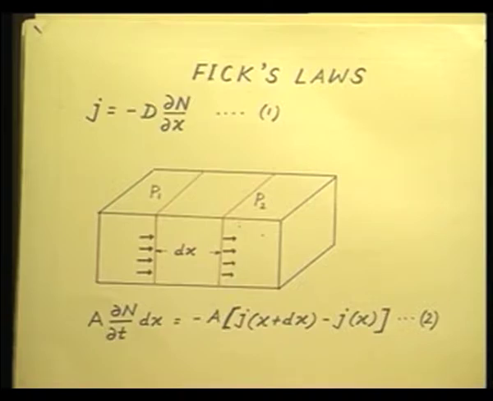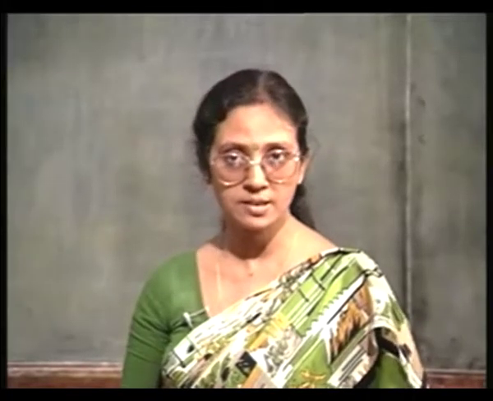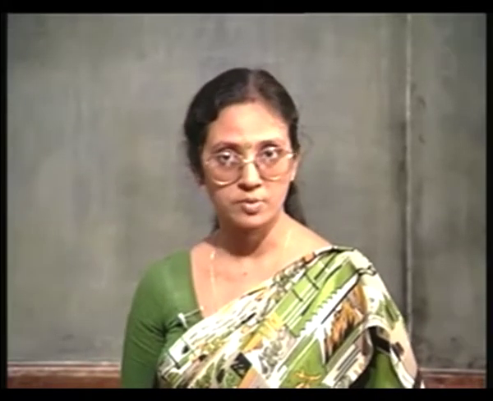What is flux? Flux is the rate of transfer of solute or the dopant per unit area. This is valid for a dilute solution. What do I mean by a dilute solution? That is, the amount of dopant atoms incorporated in silicon is going to be much less than the number of host atoms. So, that is the dilute solution, right?